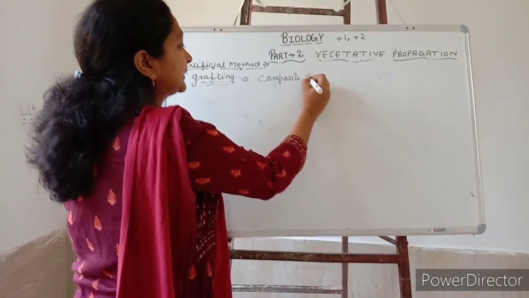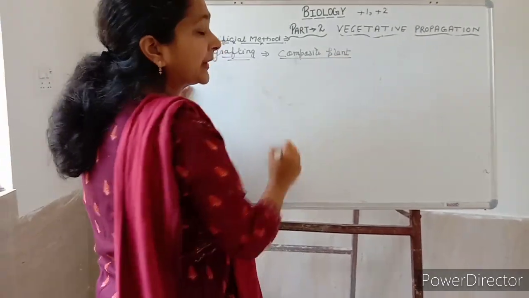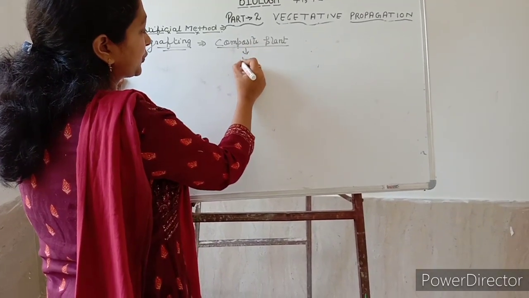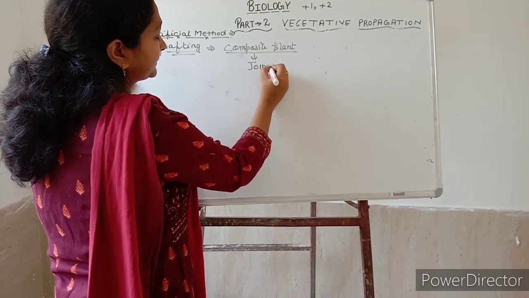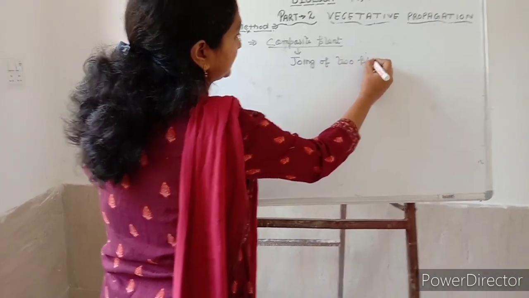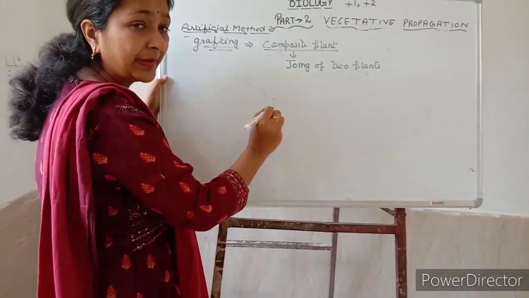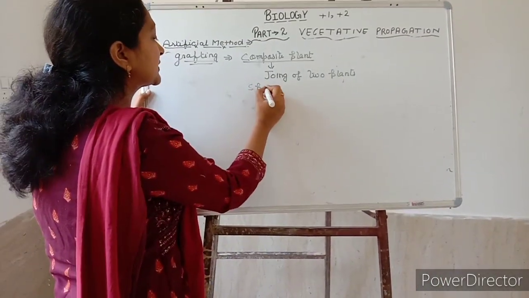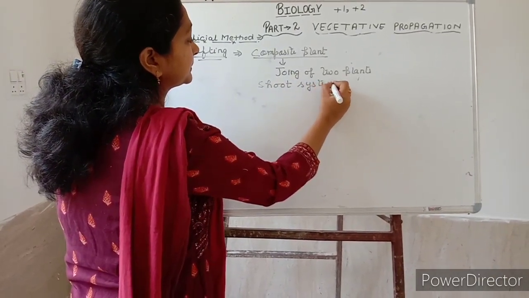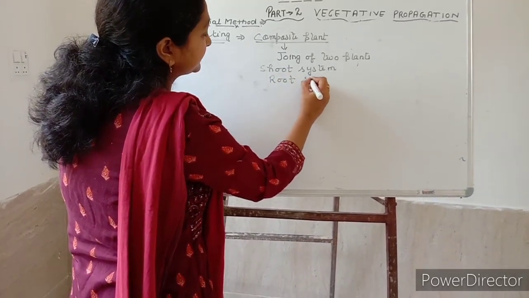Composite plant means this plant is formed by joining 2 plants. From one plant, we are taking the shoot system. From the other plant, we are taking the root system.